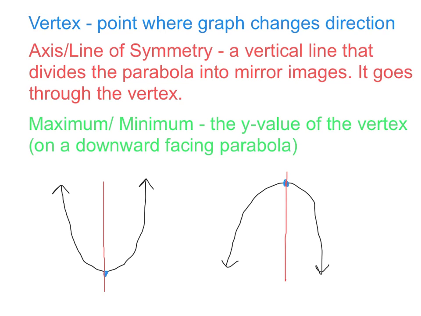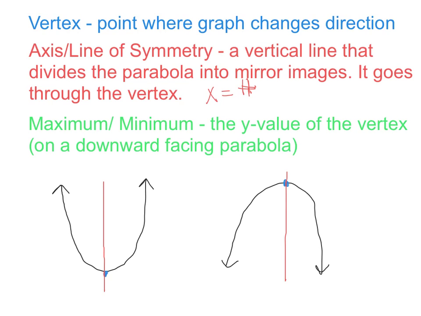And we'll write that as an equation that's x equals, and it's whatever number that it crosses on the x-axis. So it could be x equals -1, x equals +4, whatever value that's crossing on the x-axis.